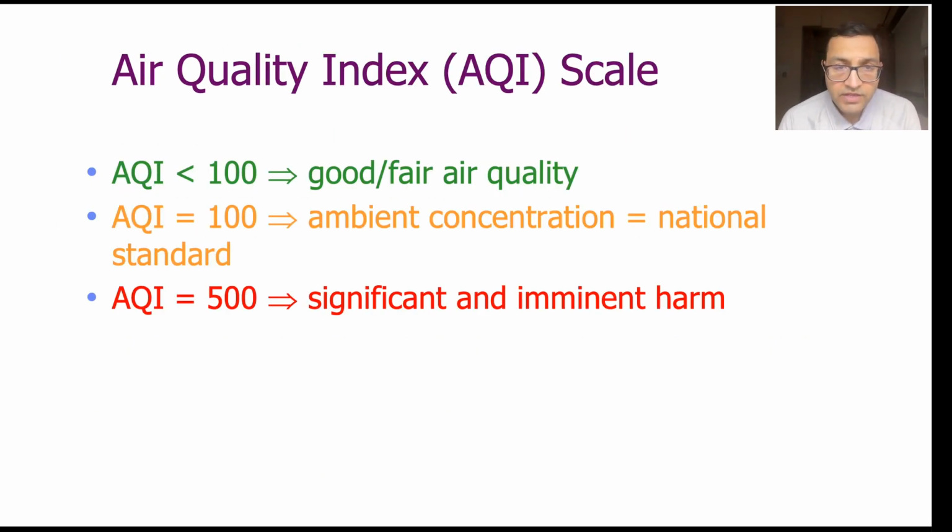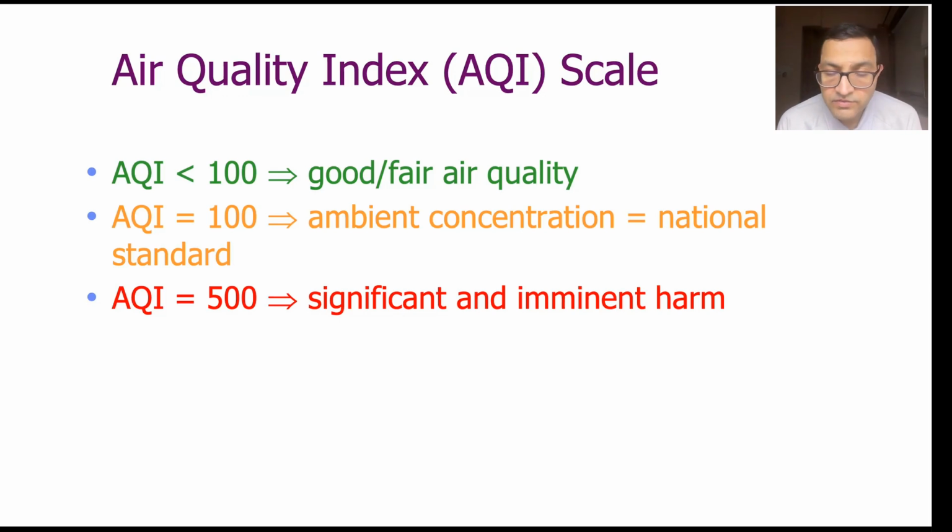So the scale for AQI is anything less than 100. Usually 100 is what the standard is. So as long as you are below the standard, it's basically scaled 0 to 100 is the 0 to the standard.